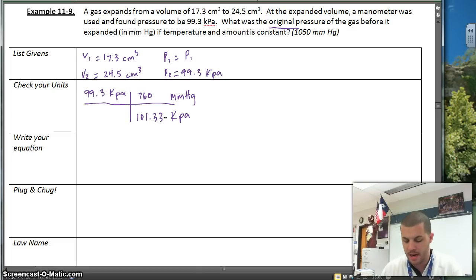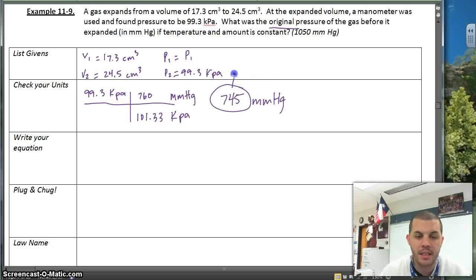So now I'm going to do 99.3 times 760, enter, divided by 101.33, enter, and I get 745 millimeters of mercury with sig figs, that we're going to use in place of 99.3 kPa.